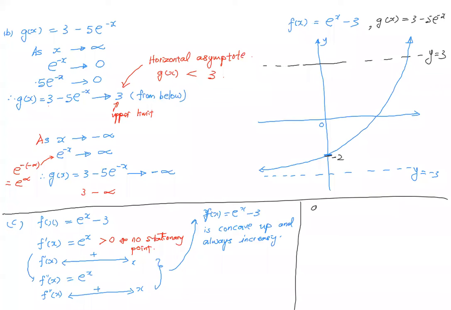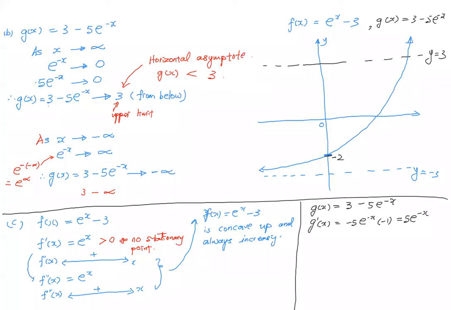So g(x) is equal to 3 minus 5e to the power negative x. So g prime x. So what is g prime x? So it's negative 5 e to the power negative x times negative 1. So this will be 5 e to the power negative x.